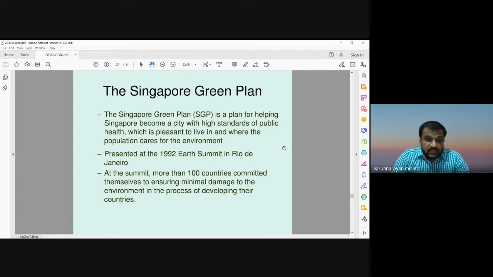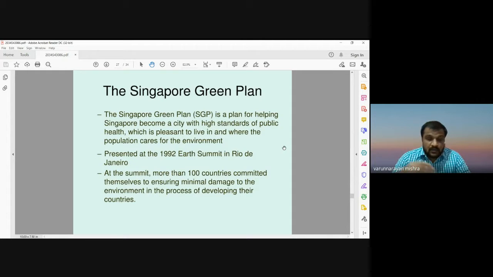This Singapore Green Plan was presented in 1992 at the Earth Summit held in Rio de Janeiro. At that summit, more than 100 countries committed themselves to ensure minimal damage to the environment in the process of developing their countries.